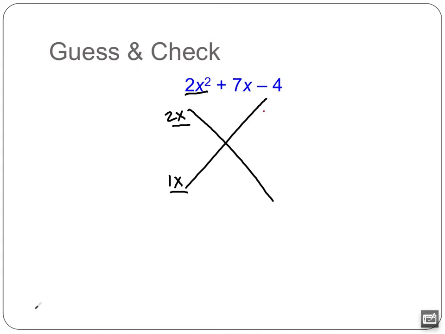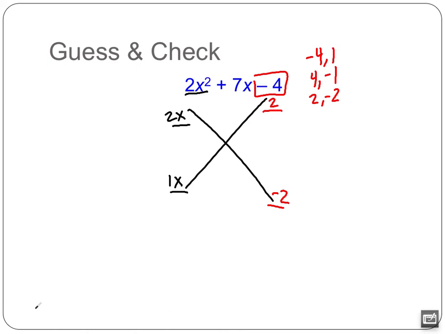Over here, we need two numbers that multiply to -4. So those options would be -4 and +1, +4 and -1, +2 and -2. Those are our three options. Let's try the last one, 2 and -2.